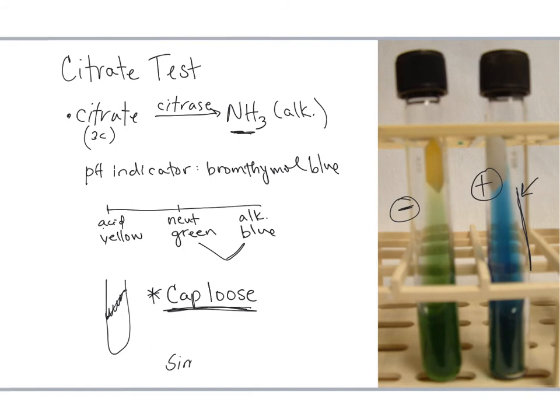That Simmons citrate agar, that's what we call the media, is green to begin with, and this is basically an uninoculated tube or a negative tube. Sorry, correction, this is a 6-carbon sugar. Not that you needed to know that, but just to get my facts straight here.